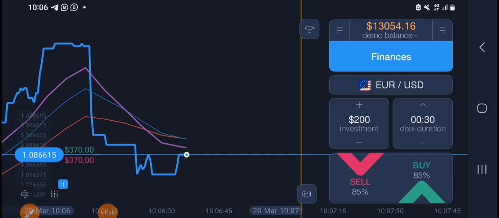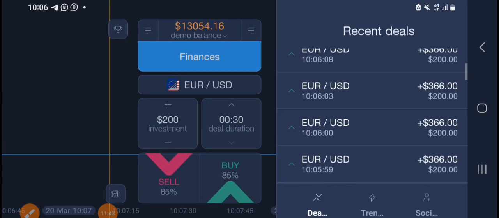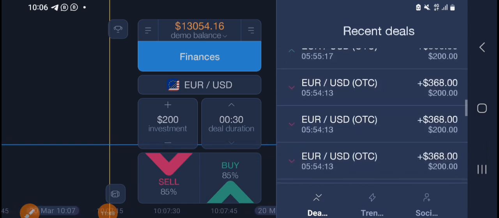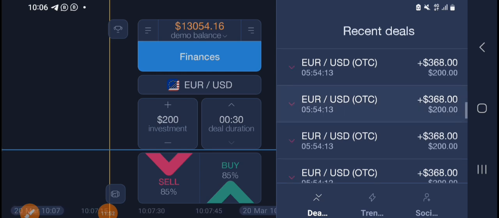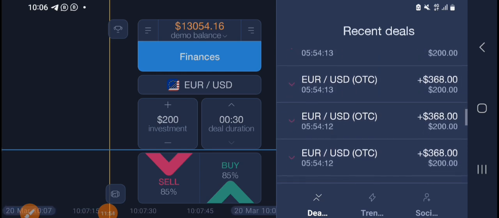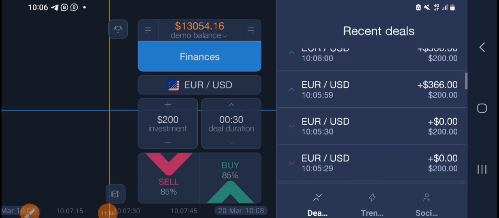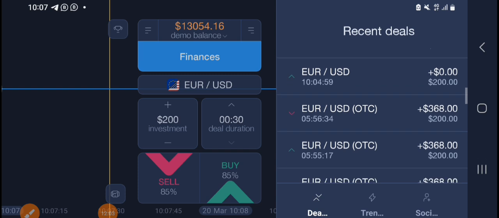We're going to place more trade, and previously these are the trades I've made before now. This one is just the one I did now. This is the one I did this morning around 5:54 a.m. These are the trades I just took this morning. As you can see, today's date is 20th of March.